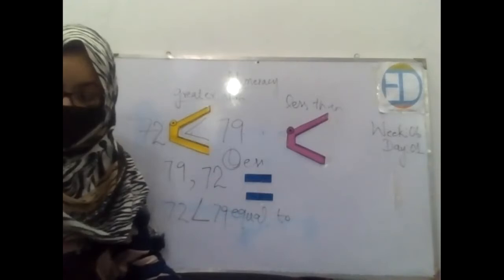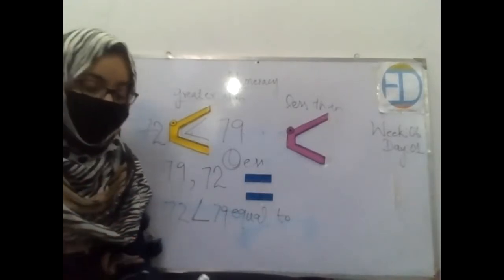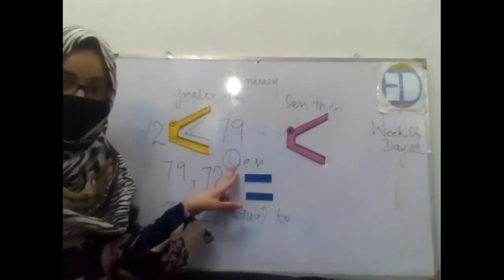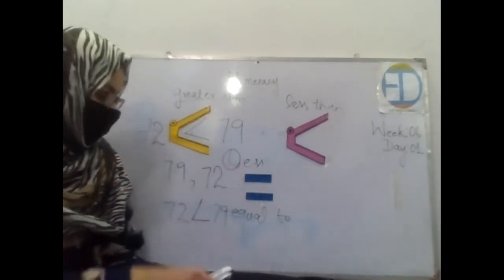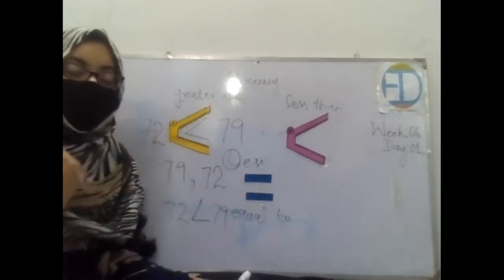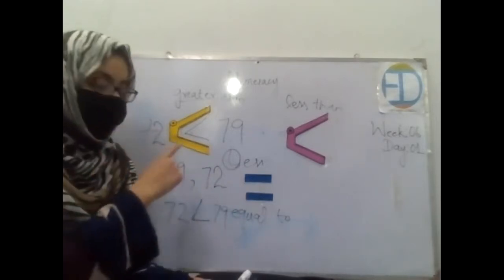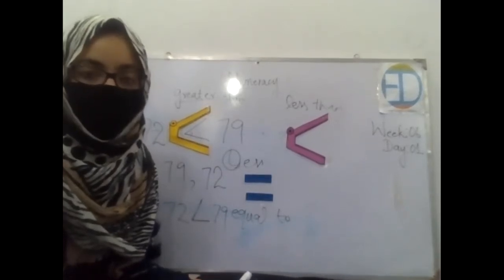Is it a good technique? Yes or no? Now you can easily memorize this, right? Because less than starts with L. Whichever number is less than the other number, you will write an L in front of that. In this way, you can easily memorize how to use these signs. Got it? Okay, good. Now open your books.